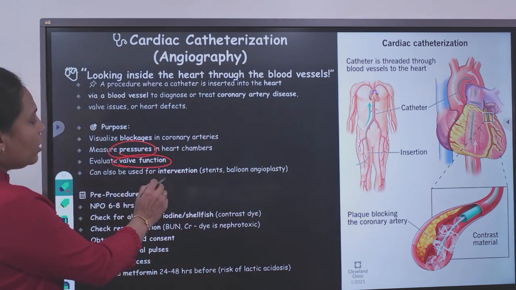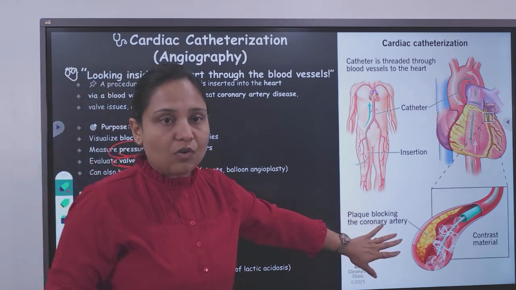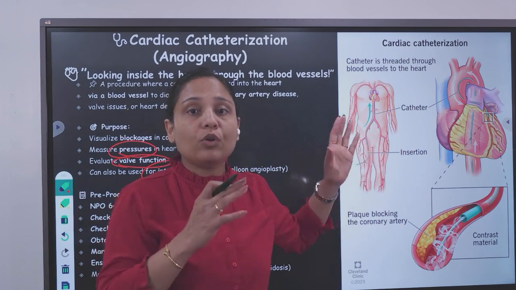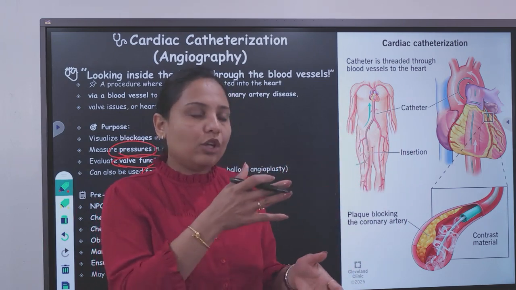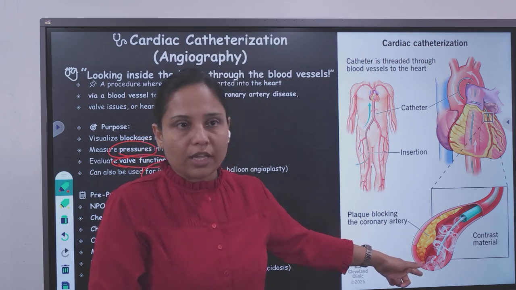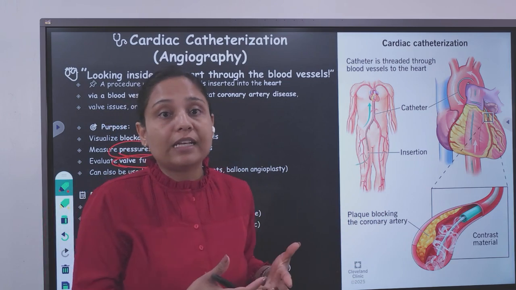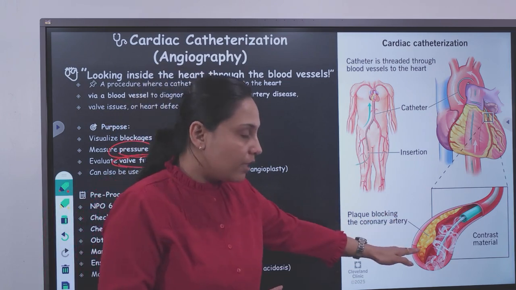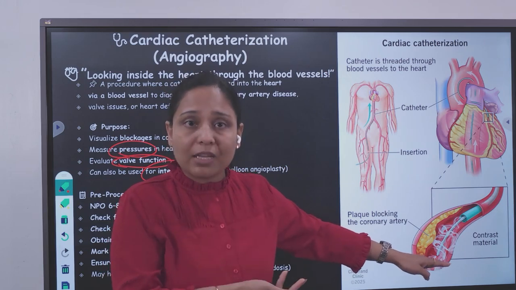It can also be used for interventions. Right now we are talking about the diagnosis, right? We want to know whether there is any blockage or not. But let's say you went in and you found out that there is a blockage. You don't want to come out simply, you want to treat that right there. So we went inside and there is a possibility to treat it. We can place a stent there.